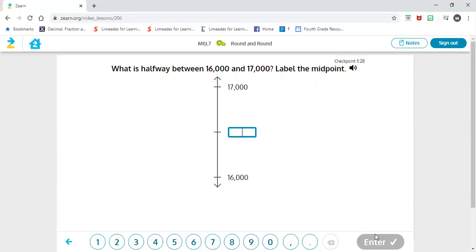So I have 160 hundreds and I have 170 hundreds. What's the midpoint? That'll be 165 hundreds, which is my midpoint. Let me put my comma in there. So I'm saying that I have 16,000, 16,500, and then 17,000.